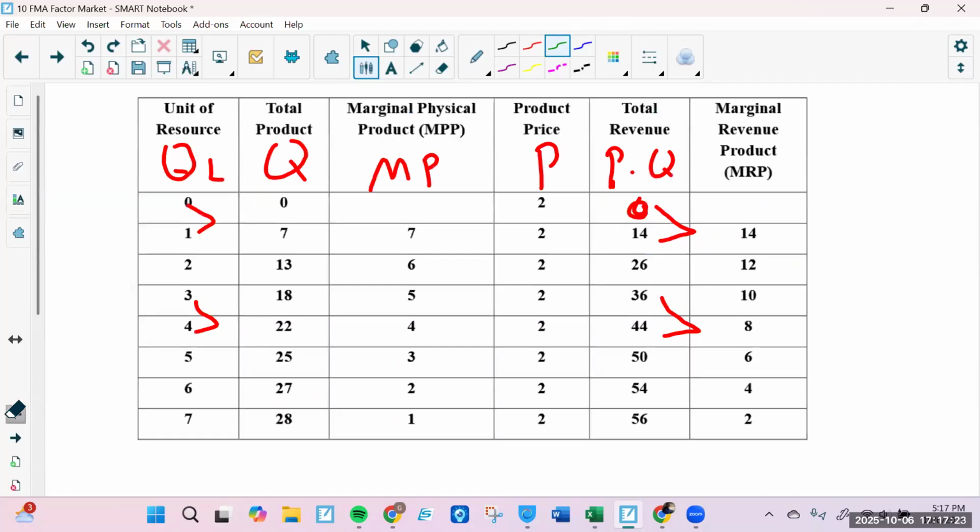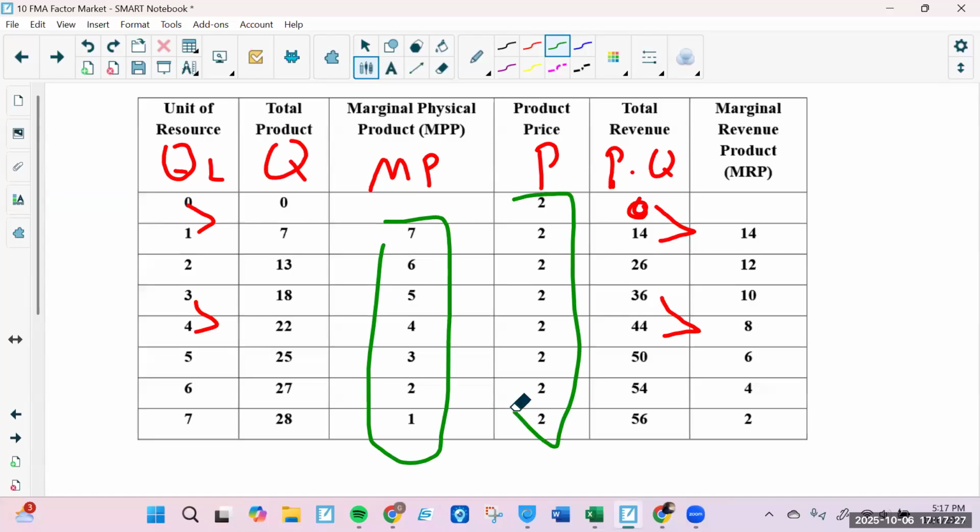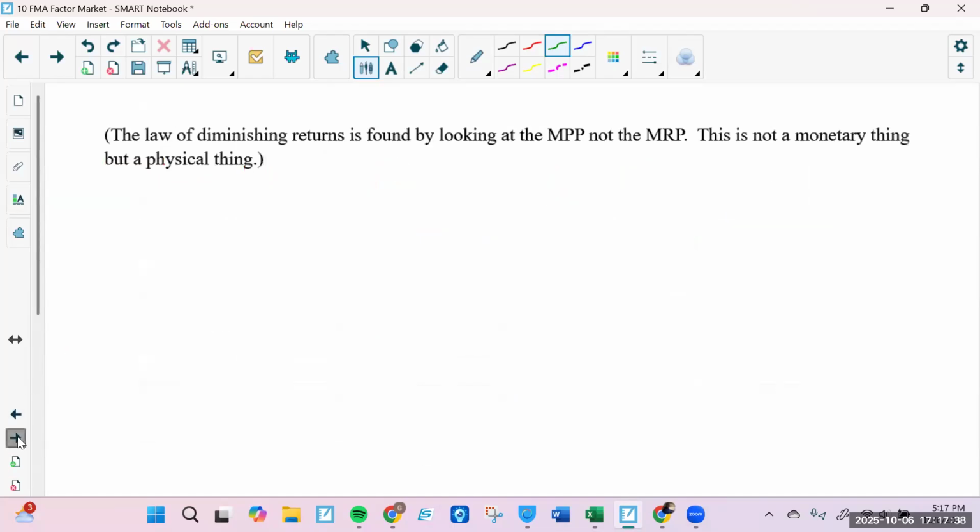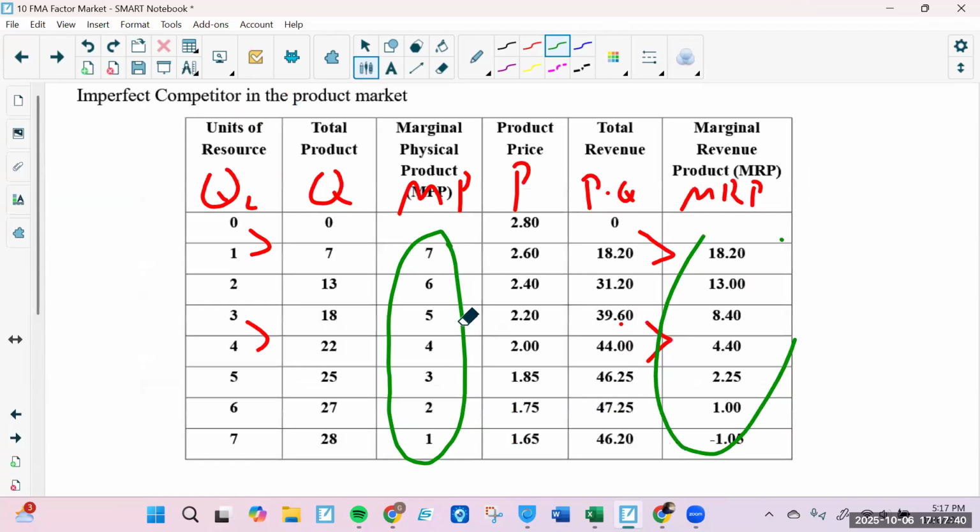For the perfect competitor, marginal product is decreasing, price stays the same. So this downward sloping MRP right here on the far right is because of the law of diminishing marginal returns. For an imperfect competitor, it's because of both the law of diminishing marginal returns, yes, marginal product is decreasing, but also because in order to sell another unit, you have to lower the price.